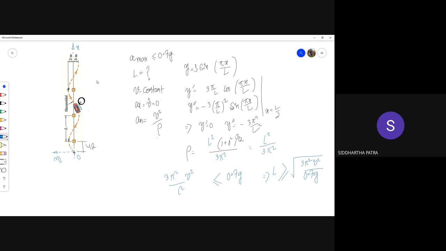Okay, now if I take v equal, let's say, 10 meters per second, and g of course is 9.81 meters per second squared, can you tell me what would be the minimum value of L?